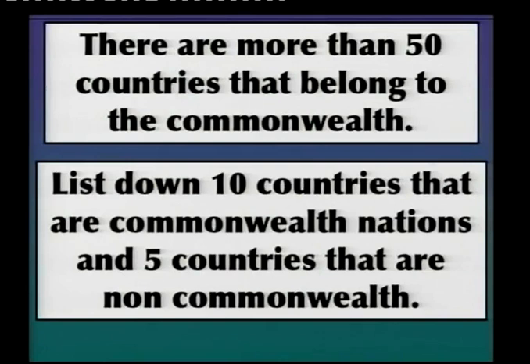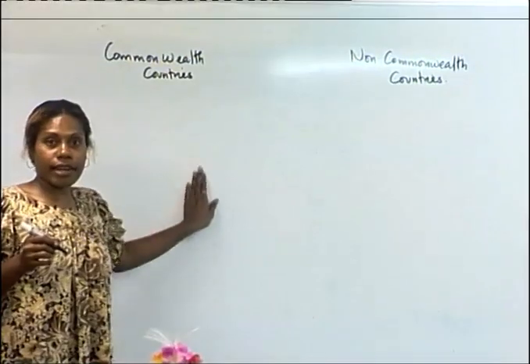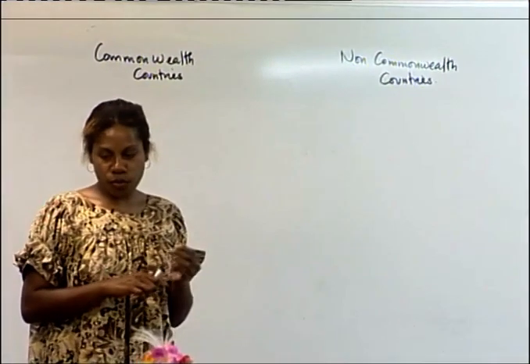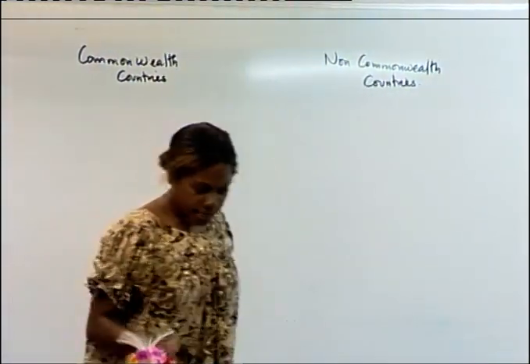Receiving students, you can go up to the board and write down 10 Commonwealth countries and 5 non-Commonwealth countries. All right, HCs.